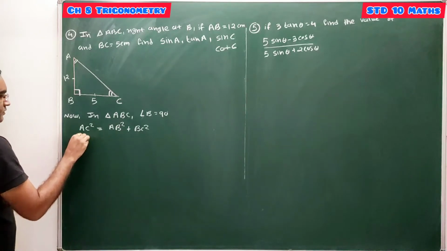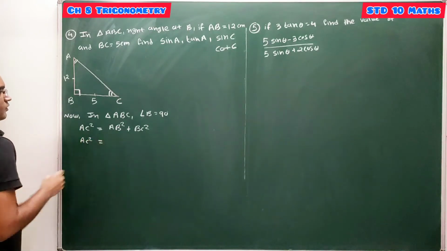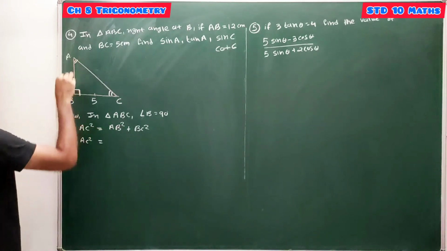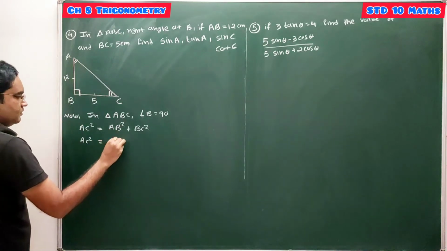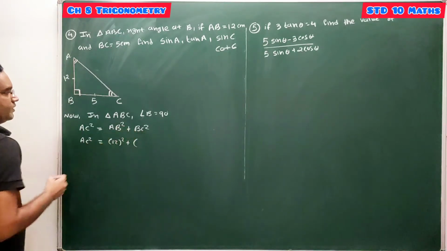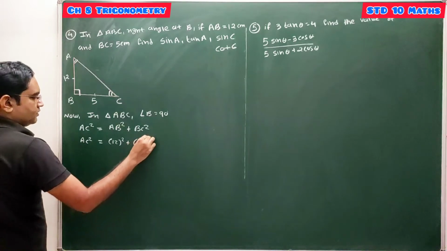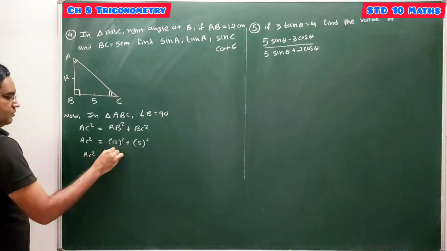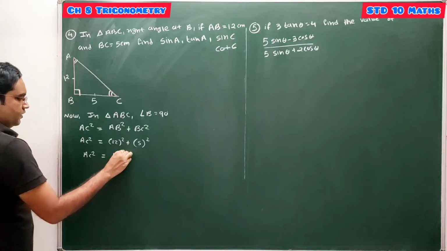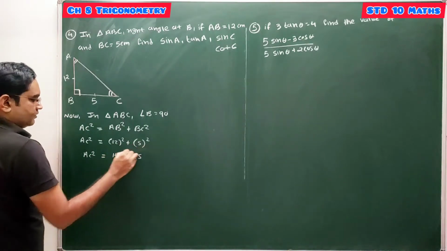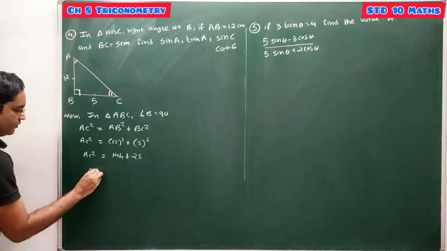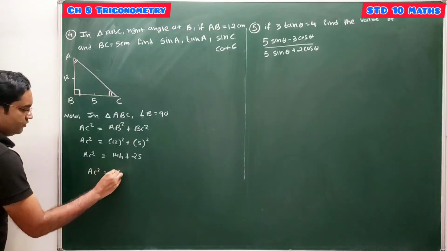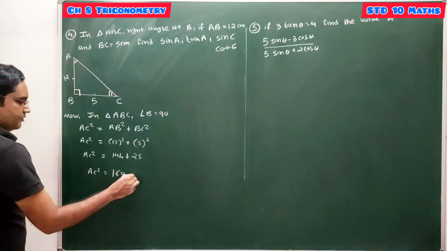So here our AC square is equal to AB square plus BC square. AB is 12 square plus BC is 5 square. So AC square equal to 12 square 144, 5 square 25. Therefore AC square equal to 169.